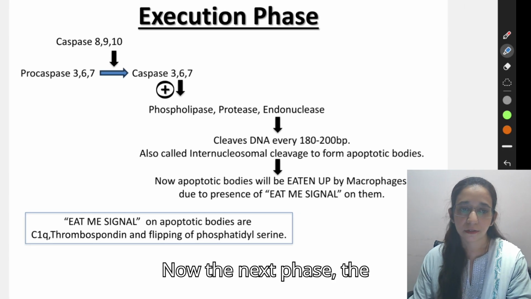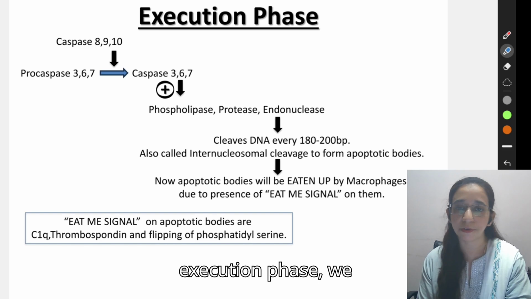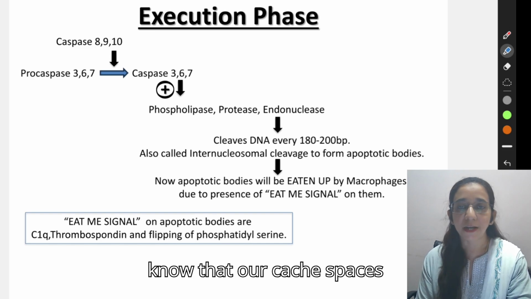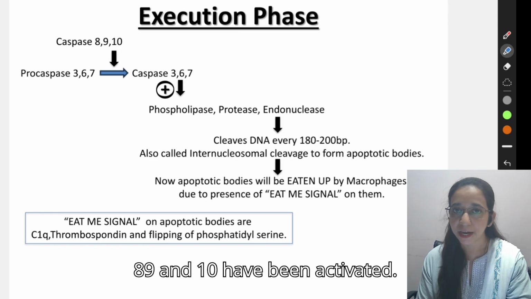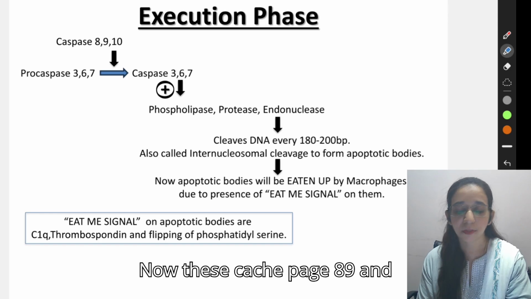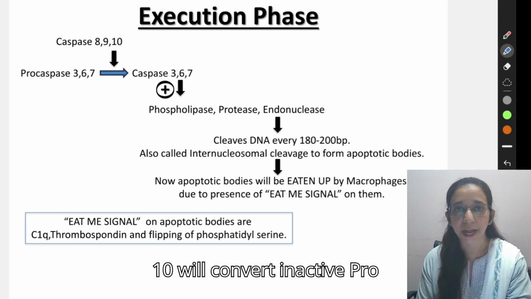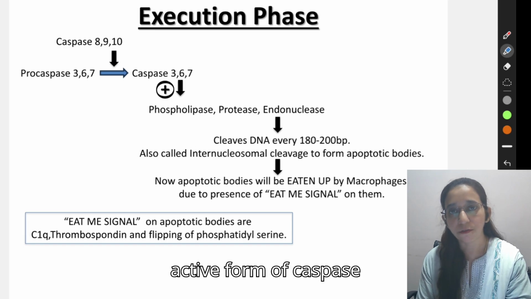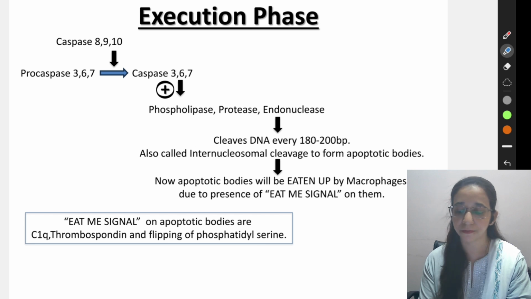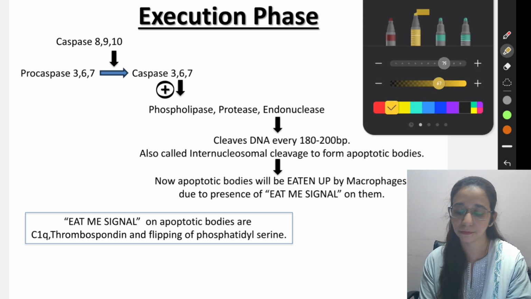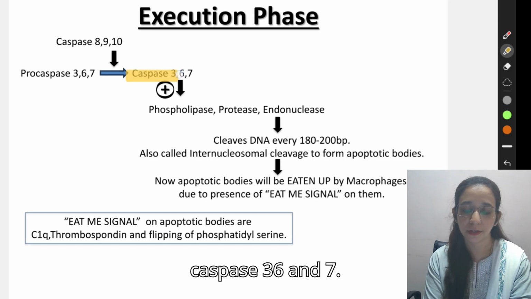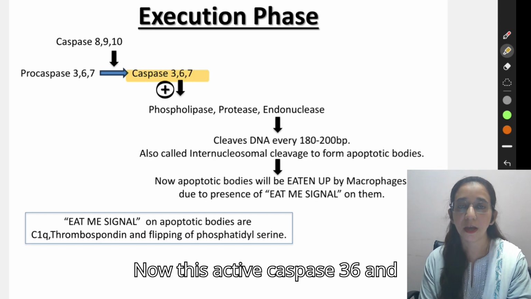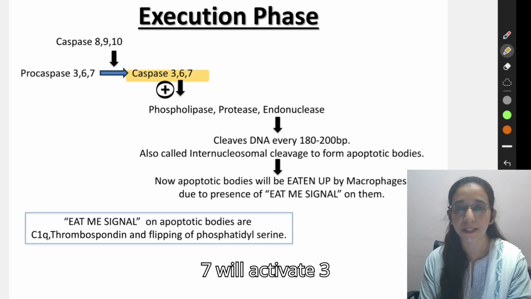Now the next phase, the execution phase. We know that our Caspases 8, 9 and 10 have been activated. Now these Caspases 8, 9 and 10 will convert inactive pro-Caspase 3, 6 and 7 into active Caspase 3, 6 and 7. Now these active Caspases 3, 6 and 7 will activate three enzymes.